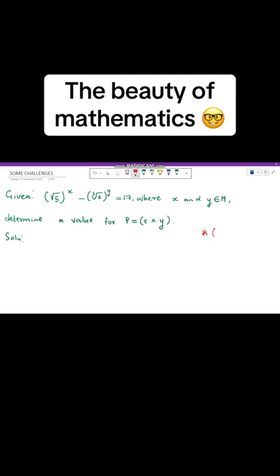So we know that if we have a base, let's say a to the power of b all to the power of m, we can express this as a to the power of b m, which is the same as a to the power of m then to the power of b. Right, so we'll need that.